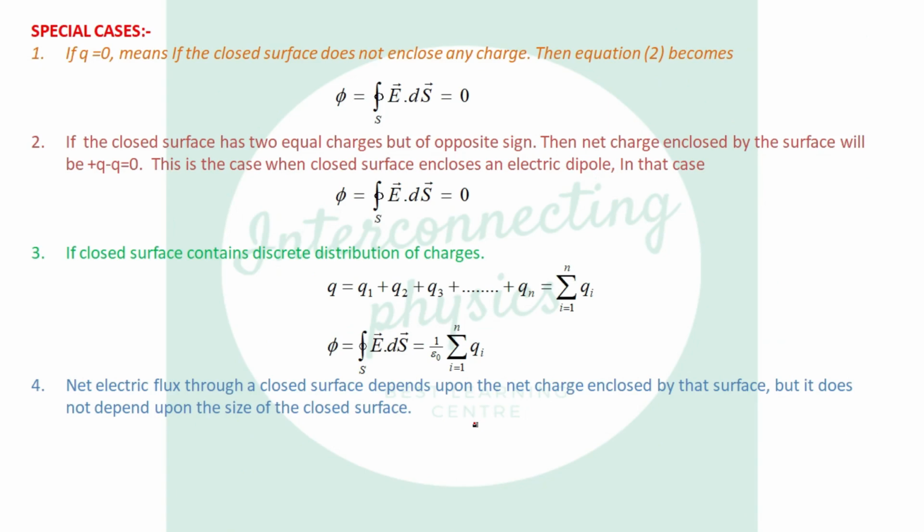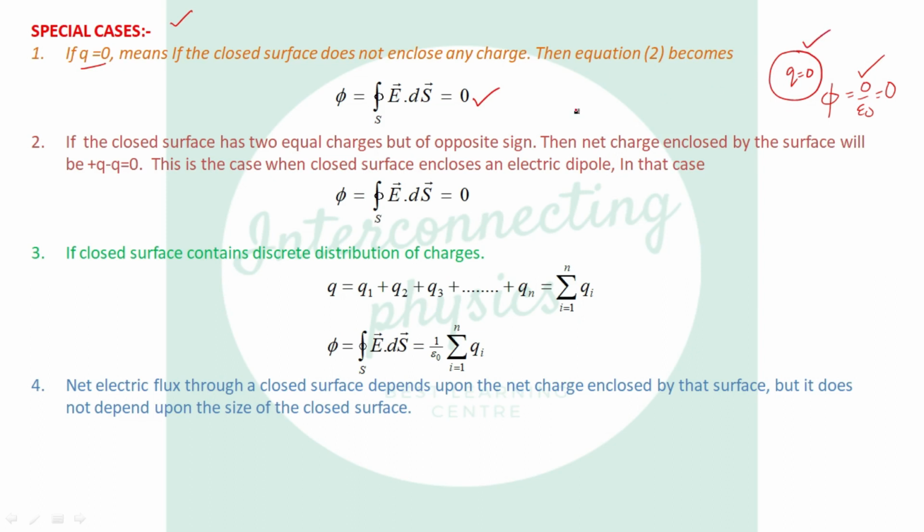Okay. Now special cases. If Q is 0, suppose we have a sphere and the charge is 0 here. So what will Gauss theorem give? Phi equal to 0 divided by epsilon naught, and the total flux through the entire surface is 0. It means if the Gaussian surface, the closed surface, does not enclose any charge, then the flux through that surface will be 0.